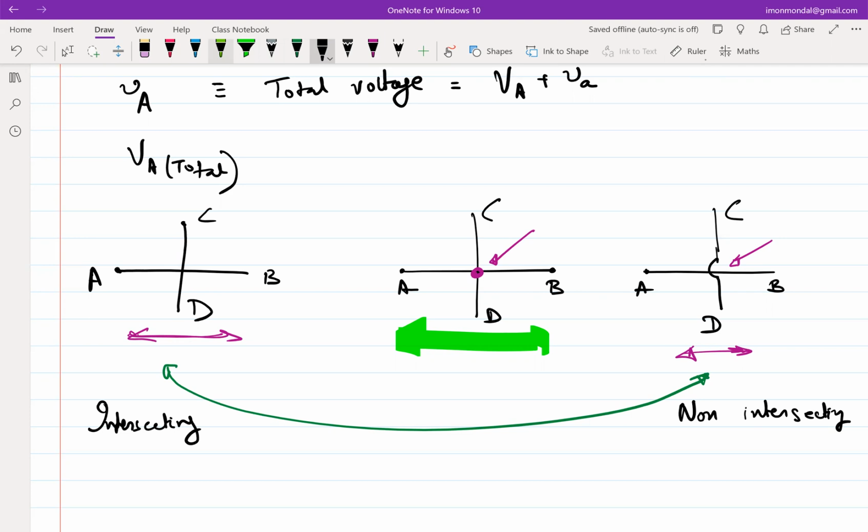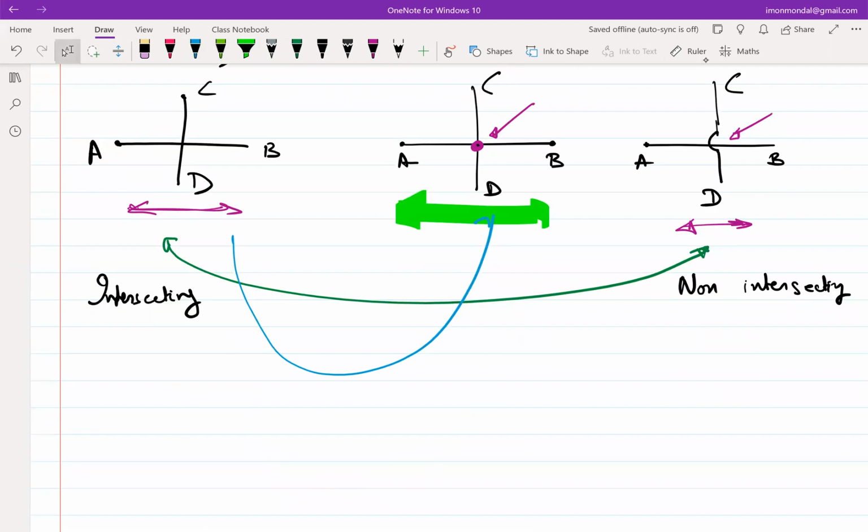And if you use these two in conjunction, then this becomes non-intersecting, and this one becomes intersecting.